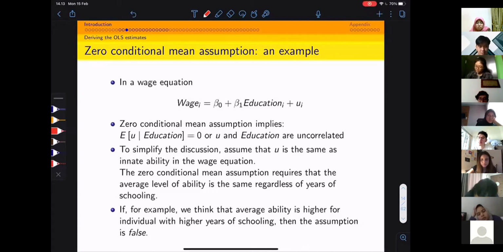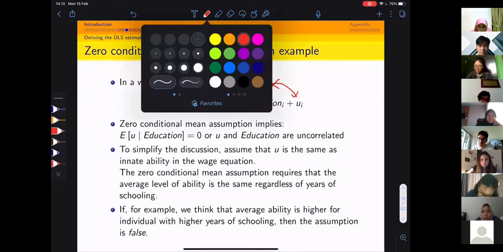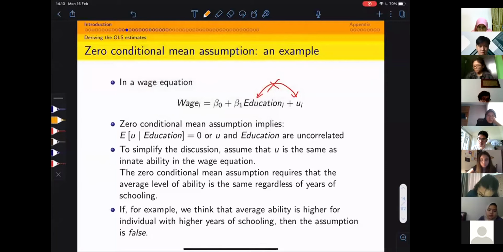So the zero conditional mean assumption implies that there is no correlation between the factors that we do not observe and education. Now, this is a tip. The first thing that you might want to do, before we do some discussion, is try to pick one unobservable variable that affects wage.